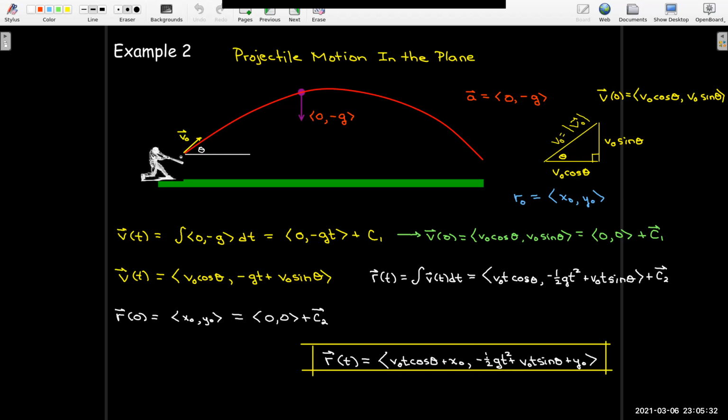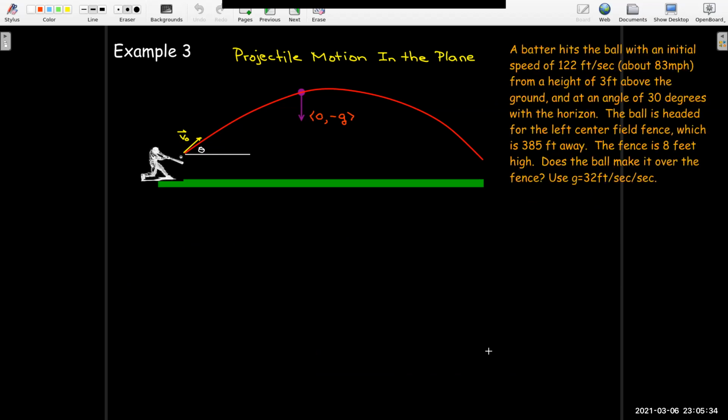So let's use that formula in another example. Let's stick with baseball. A batter hits the ball with an initial speed of 122 feet per second. That's about 83 miles an hour. From a height of 3 feet above the ground and at an angle of 30 degrees with the horizon.